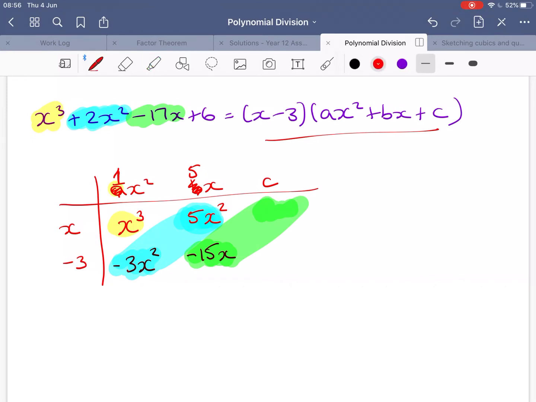So I've got minus 15x's already, so I need another minus 2x's. So what must my c be? Well, x times c makes minus 2x, so my c must be minus 2. And then this is where I have my check at the end. This tells me whether I've done it correctly or not, if it's a factor, and I'll explain that statement next lesson.